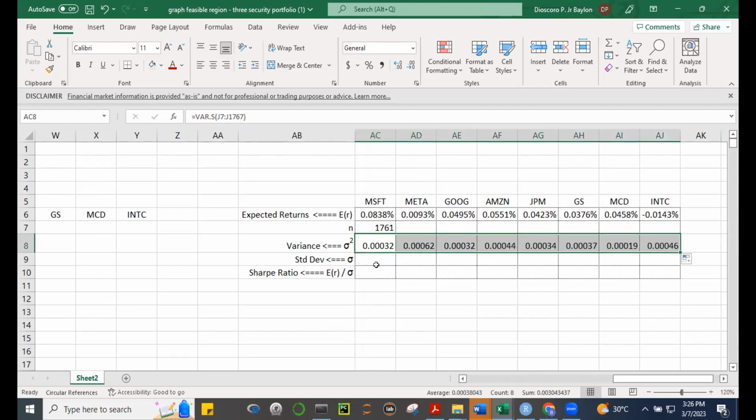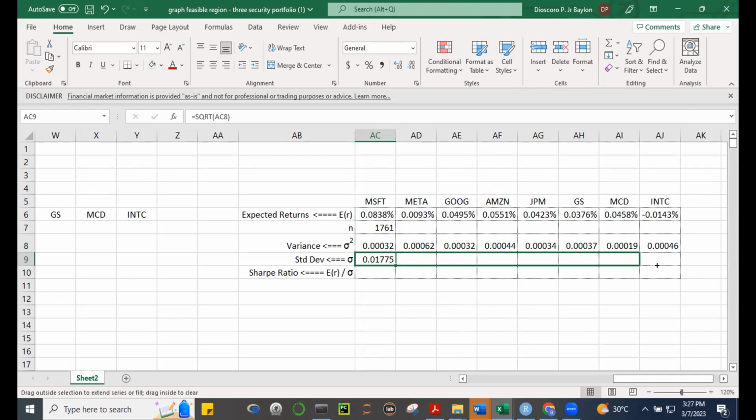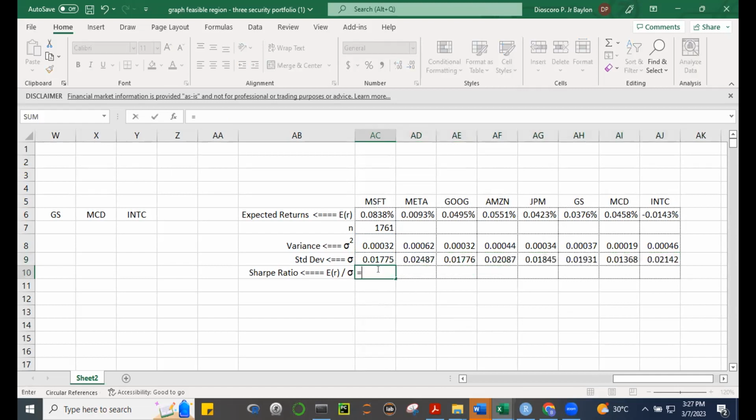Okay. And then if I get the standard deviation, it will just be the square root of your variance. And our Sharpe ratio will be equal to our returns divided by our unit risk.